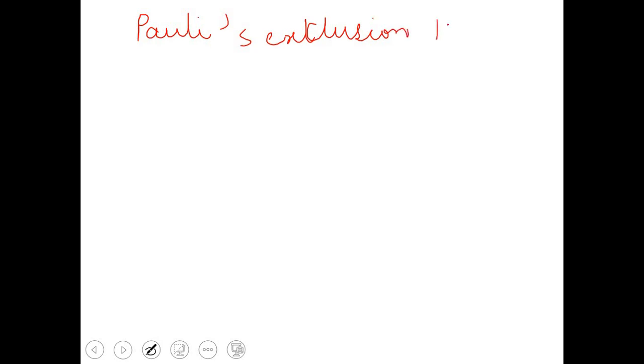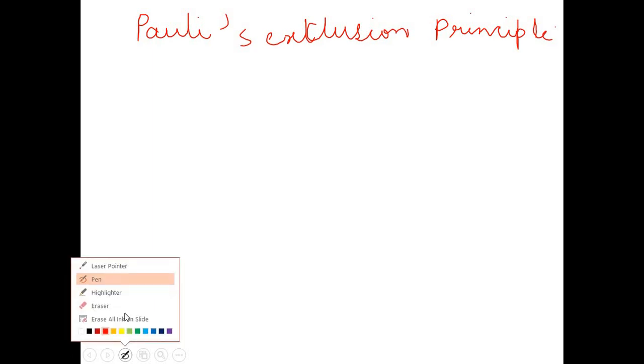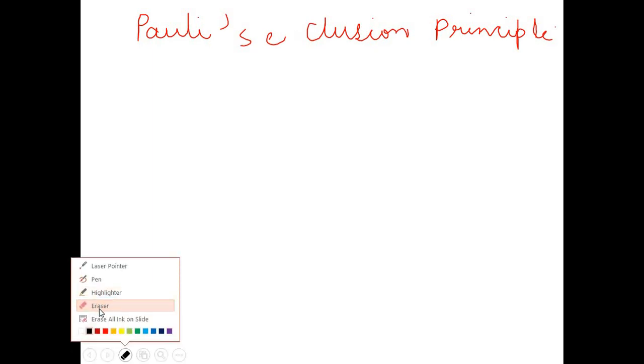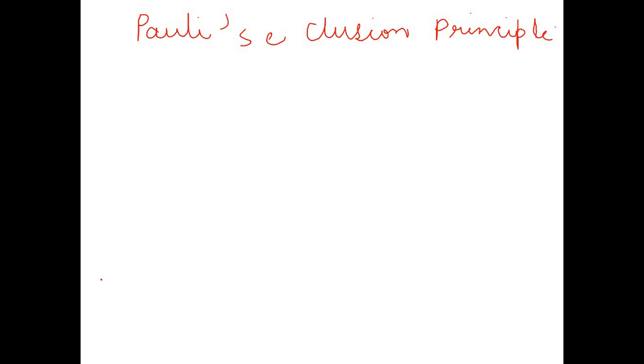Pauli's exclusion principle imposes certain restrictions on the number of electrons in an atom. What does Pauli's exclusion principle explain?